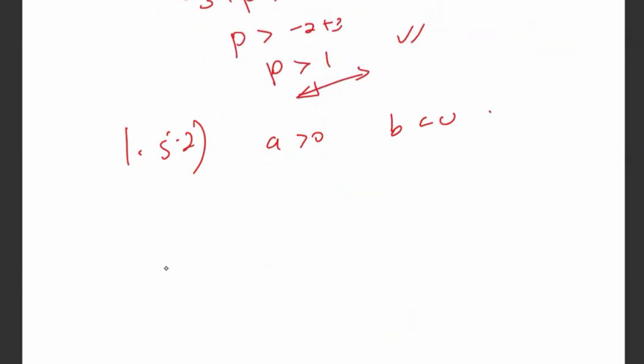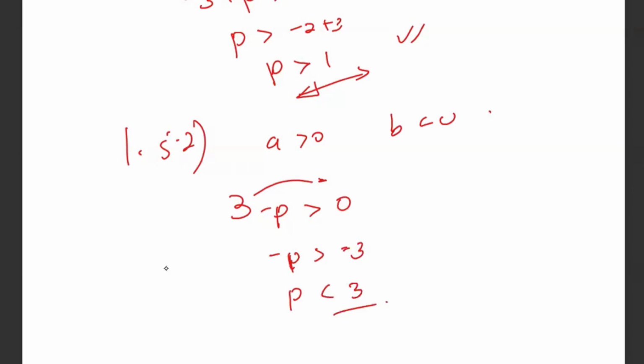So we're going to have 3 minus p greater than 0. Now our focus is on the c. Then if I move the 3 to that side, negative p is greater than negative 3. Divide both sides by negative 1, meaning that p must be less than 3.